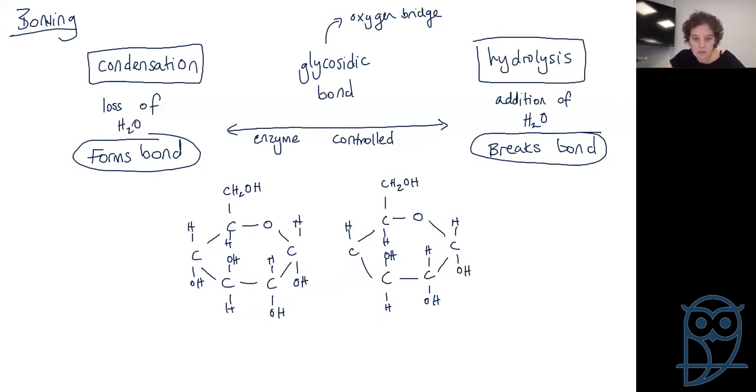Remember the O is what links to the carbon. Now we can circle nicely, and our circle has two H's and one O. So this is H2O lost, removed, which is condensation.